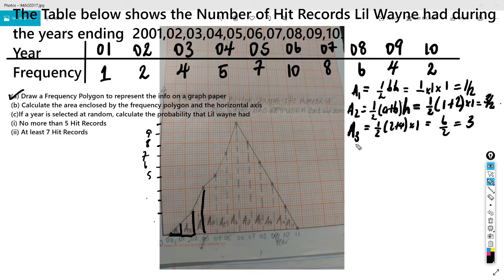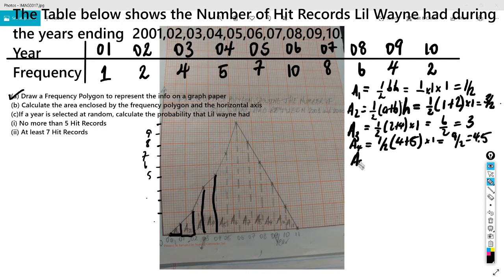All right, so for the next one, A4, it's equal to a half multiplied by, let's look at A4, it should actually be 5, right? It should be 4 plus 5 times 1, which should actually be 9 over 2, which is equal to 4.5.